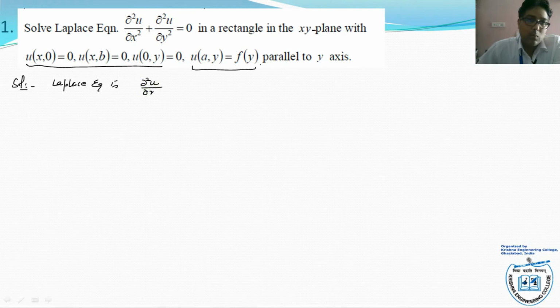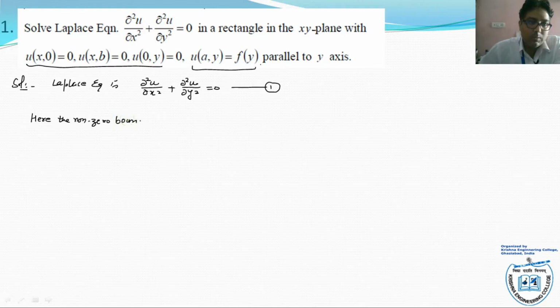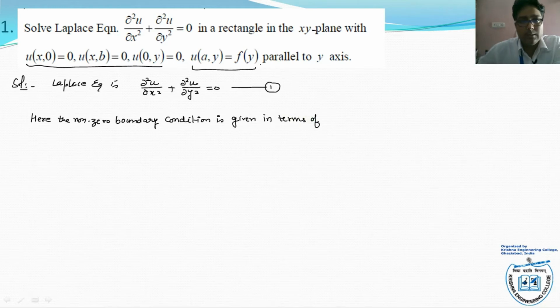The Laplace equation is del square u over del x square plus del square u over del y square is equal to 0. Here the non-zero boundary condition is given in terms of y.